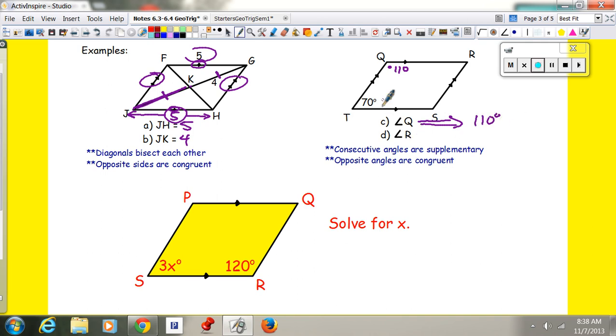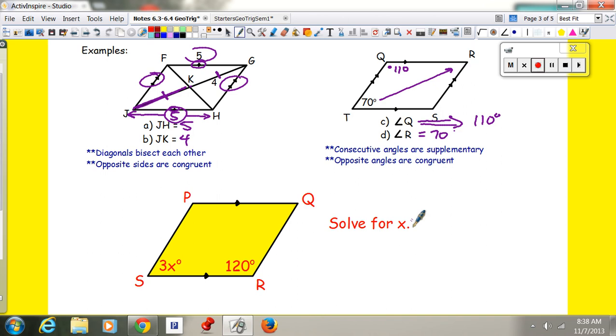What about angle R? That's got to be 70. Opposite angles are congruent. That's acute and that's acute. Those are the same. So here, diagonals bisect each other. That was this one. Opposite sides are congruent here. Consecutive angles are supplementary. That's why we got 110. Opposite angles are congruent. That's why we got 70 for R.